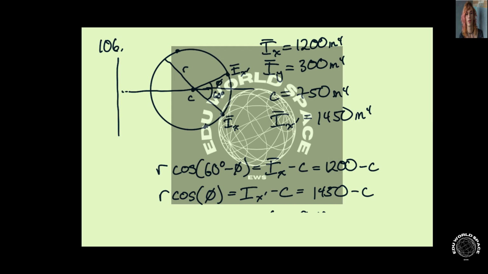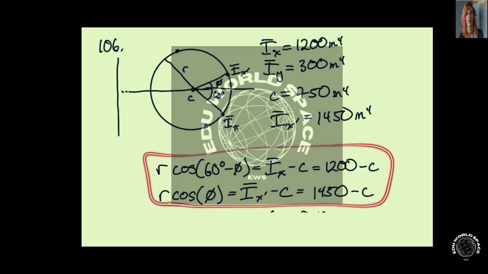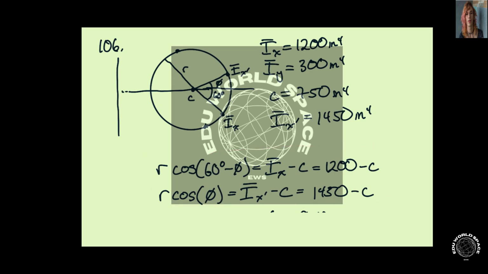And then for this one, we know that the radius times cosine of this angle, phi, must be I bar x prime minus c. So we have two equations and two unknowns. We know what c is, and we don't know what r is, and we don't know what phi is.